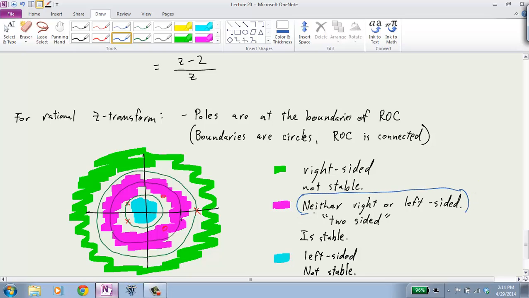It's neither. If it was right-sided, then it couldn't have an outward boundary. So it's not right-sided. If it was left-sided, it couldn't have an inward boundary. So it's neither of those. Which means mathematically, it's not bounded forward in time or backward in time to be in some finite duration. In other words, it has tails that go on in both directions infinitely. We know that much about it.